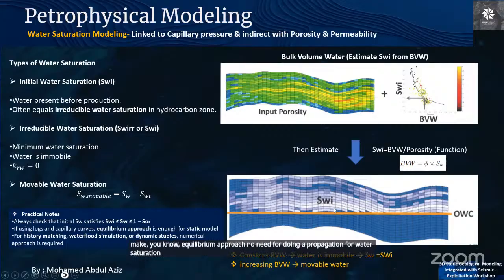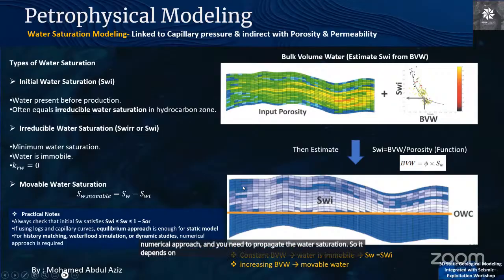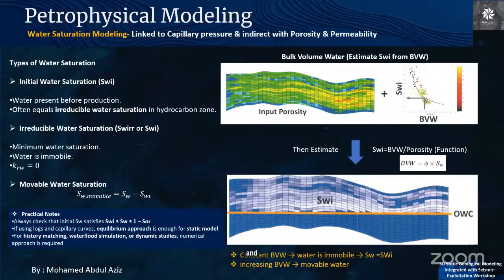But for history match, for water flood estimation, for dynamic studies, you have to have a numerical approach and you need to propagate the water saturation. So it depends on the BVW. If the BVW is constant, no need, and you go for the equilibrium approach, assigning a value for the zonation, just one value for all the cells, like the water contact, for example.